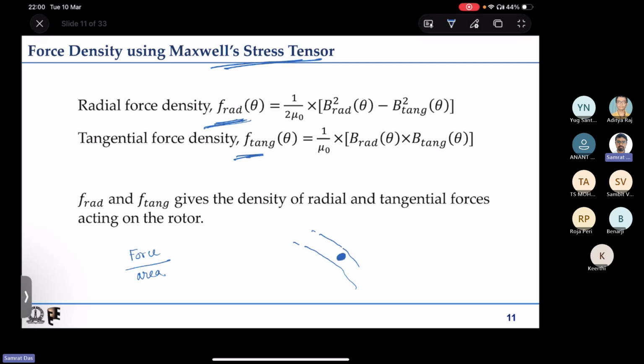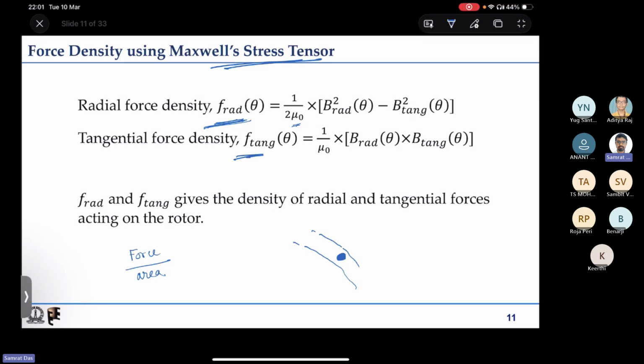At any point, if we know the radial and tangential components of flux density, then the radial component of force density is given by the top expression: 1 by 2 mu naught, where mu naught is the permeability of free space, into B radial square minus B tangential square.